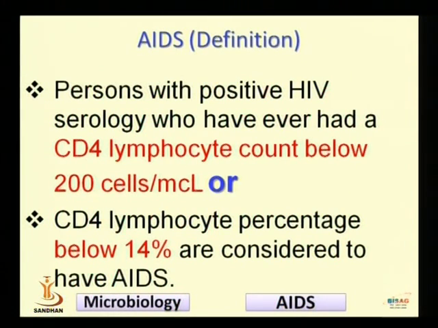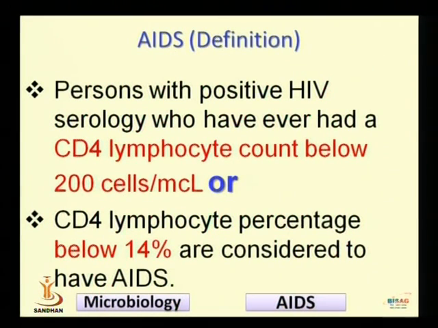Now, as I have told you, AIDS is a condition. Then, how do we define this condition? That is, how do we recognize that a particular person has AIDS?